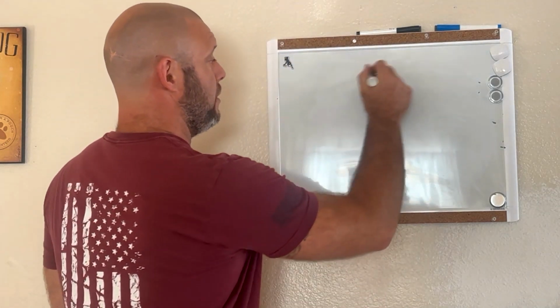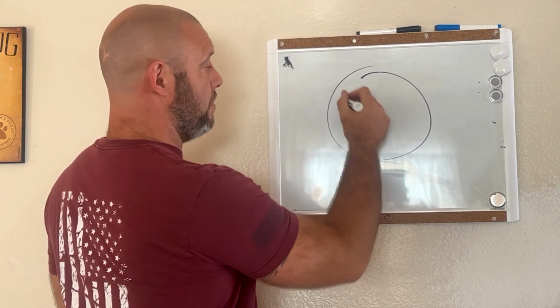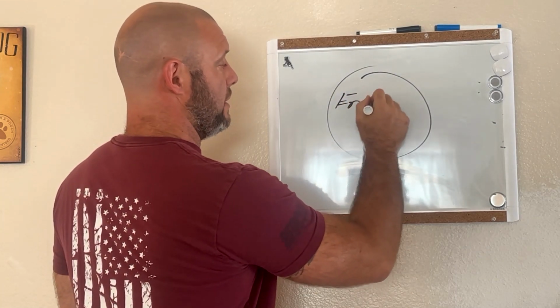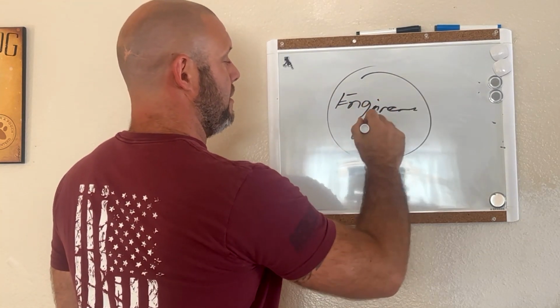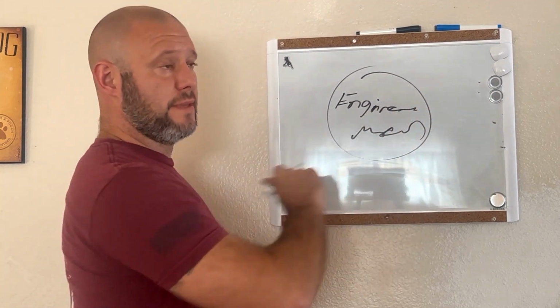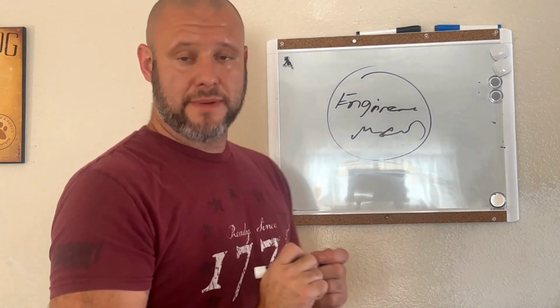Very easy to watch, and very educational. I strongly encourage you to check them out on YouTube. Once again, they're called Engineering Models. Their logo is basically a big black circle, and it says in white block lettering, Engineering Models, like so, right? That's the guys. You should definitely check them out.